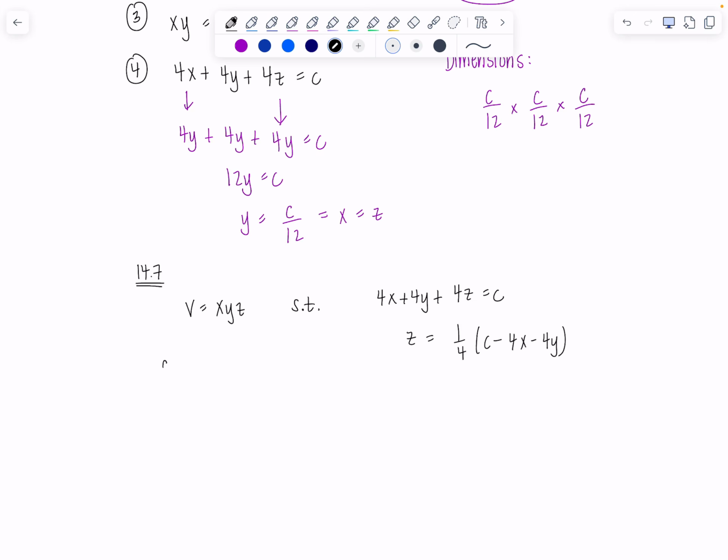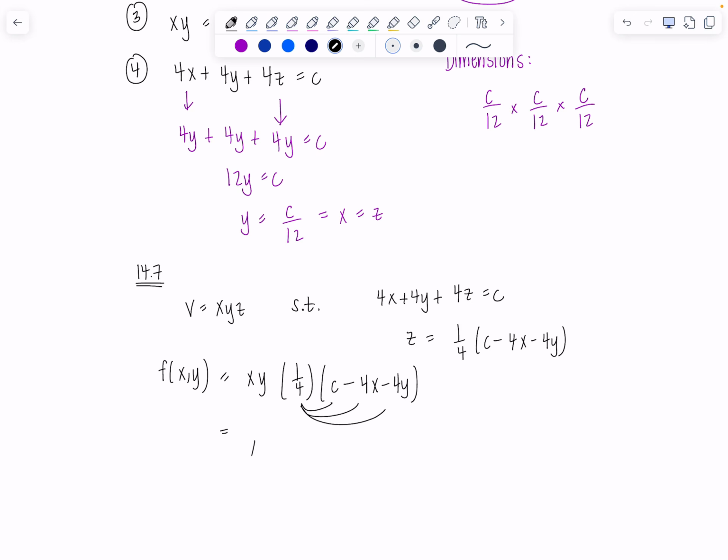So then I could say my function of just x and y is x times y times 1/4 c minus, that looks terrible. Hold on. I hate it so much. Let me distribute. It looks disgusting. I kind of do want to distribute it through this guy, though.